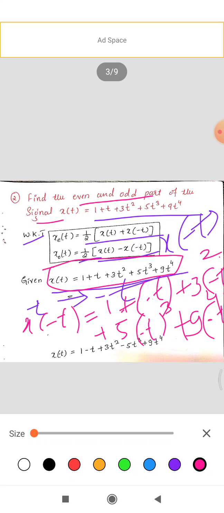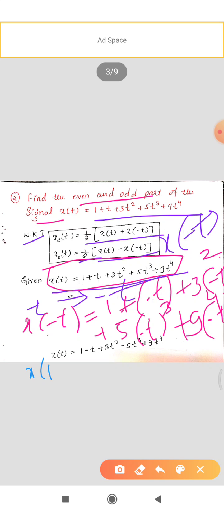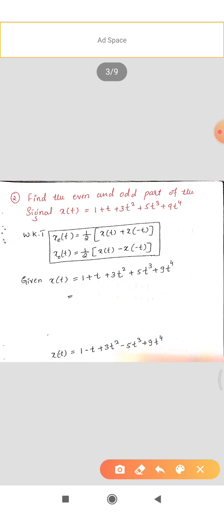Let's simplify this. x of minus t will be equal to 1, plus minus will be minus t, plus 3 times minus t square, that is minus t into minus t, so it is plus t square.